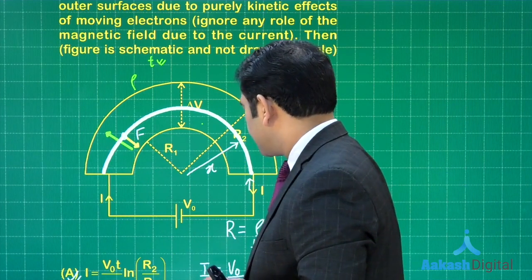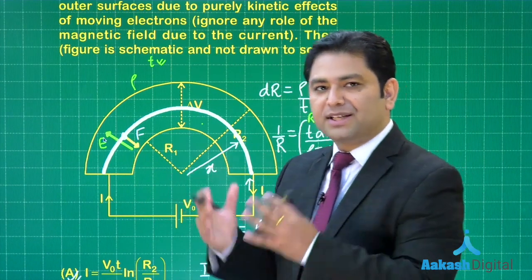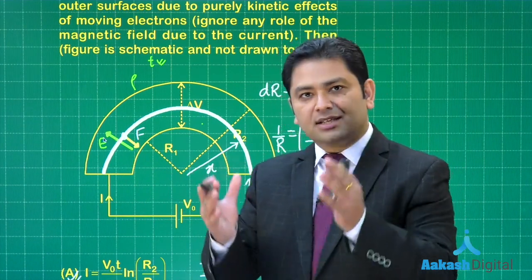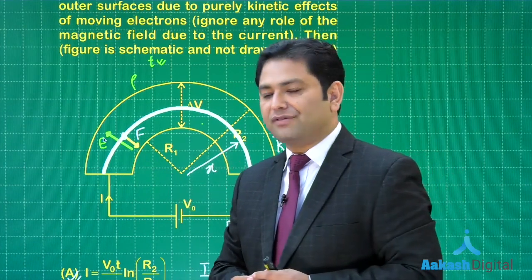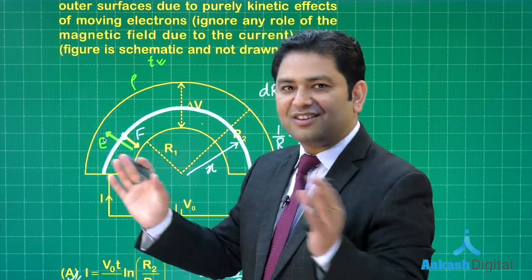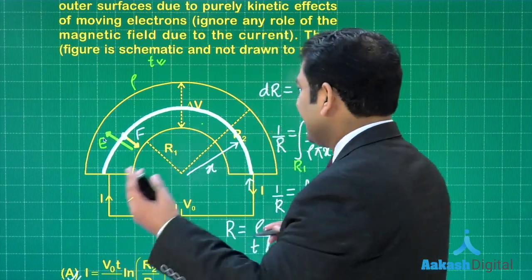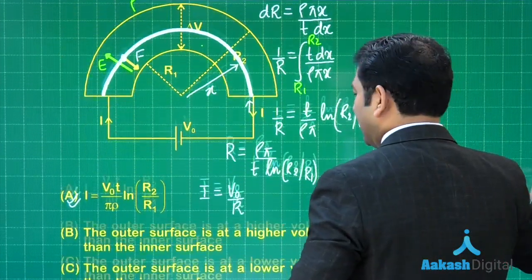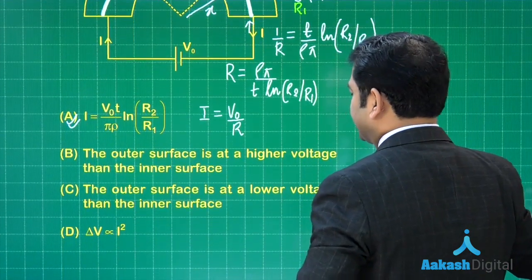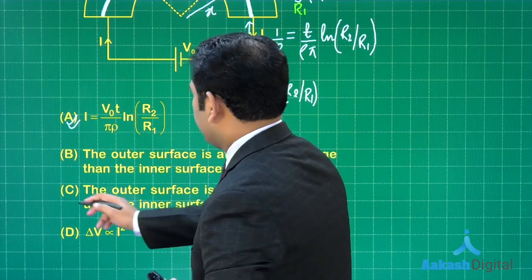Reason being, the charges are negative, so the negative charge would be experiencing force in the direction opposite to that of electric field. And if this is the electric field, now the suspense is over. The inner surface will have higher potential as compared to the outer one. So where is that? The option number C, that is going to be the correct one.